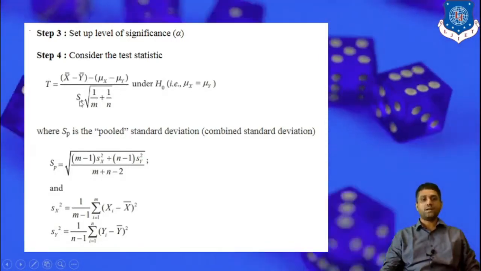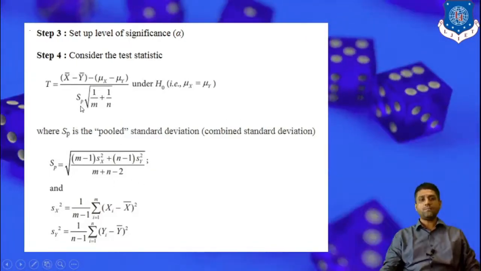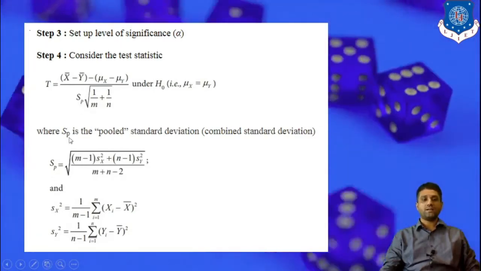Now s is the standard deviation, which is calculated using this formula. In the suffix we write p, which stands for the standard deviation of the pooled data, that is a combined standard deviation of population 1, that is Sx, and population 2, that is Sy.